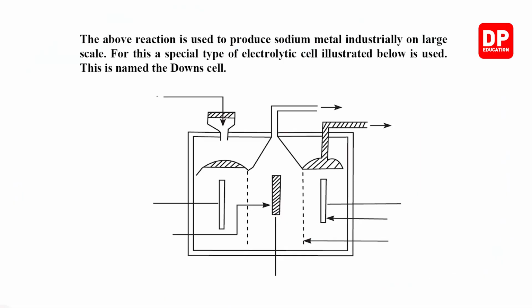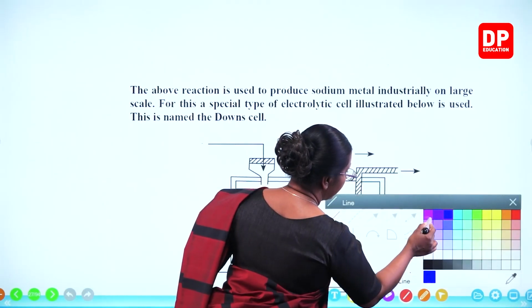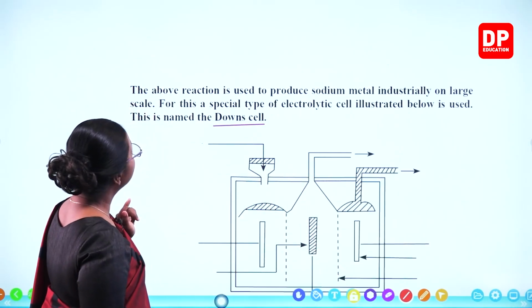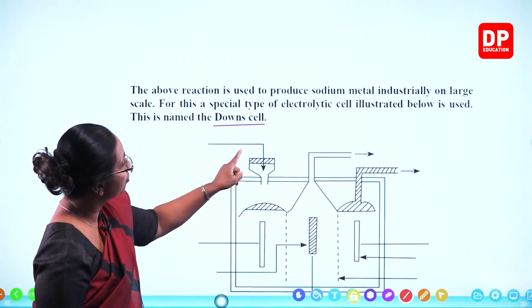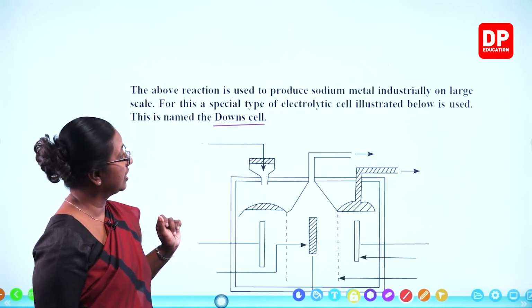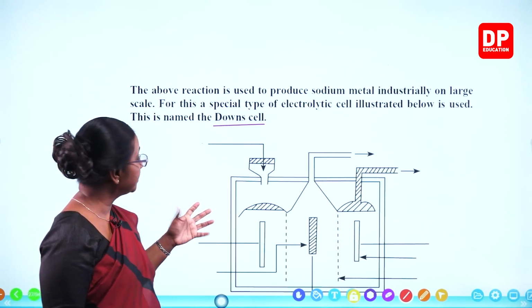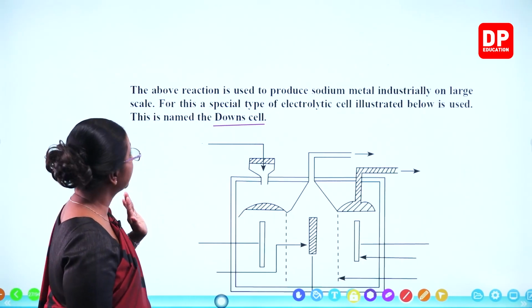So in the next slide, here you can see this is the cell that is going to be used, and this is known as a Downs cell. So you have to remember the name Downs cell. The above reaction is used to produce sodium metal industrially on a large scale. So for a large scale, we need a structure like this.